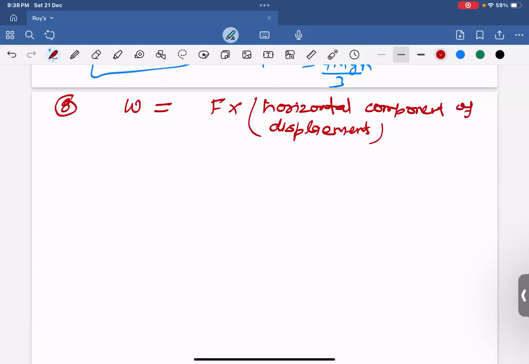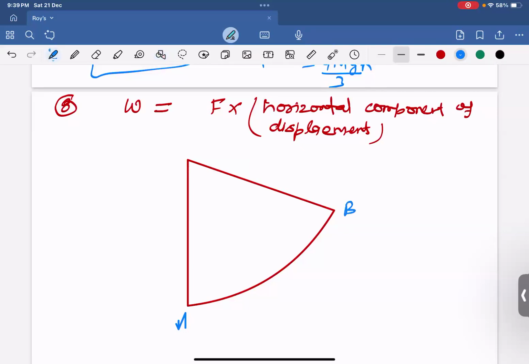Now you can find the displacement from A to B. If I draw here, this is A and this is B, this is radius R, and this angle is given as 60.